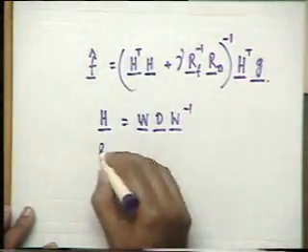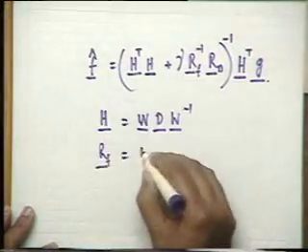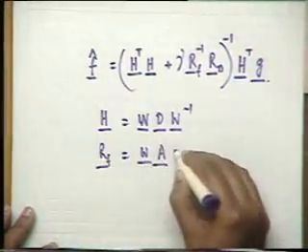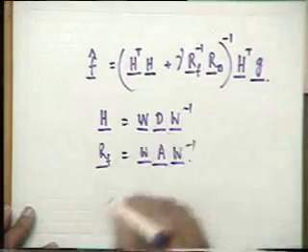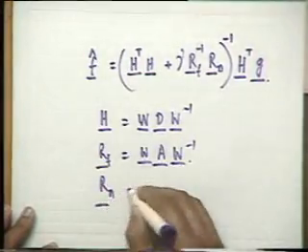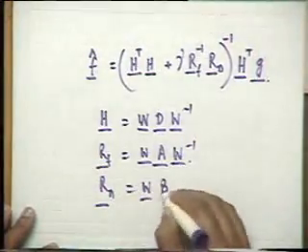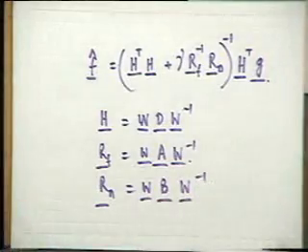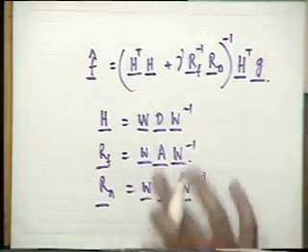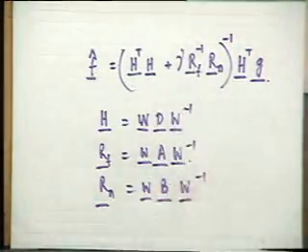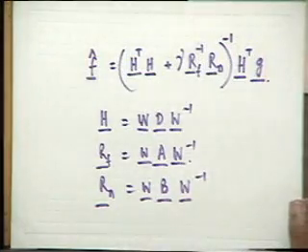In place of RF, substitute W A W inverse. In place of Rn, substitute W B W inverse. Substitute this and do all the well-known matrix manipulations.